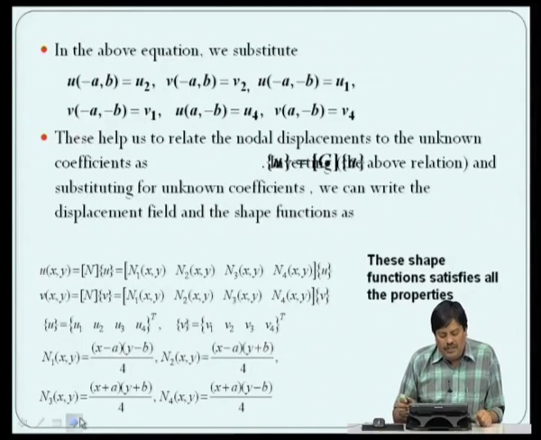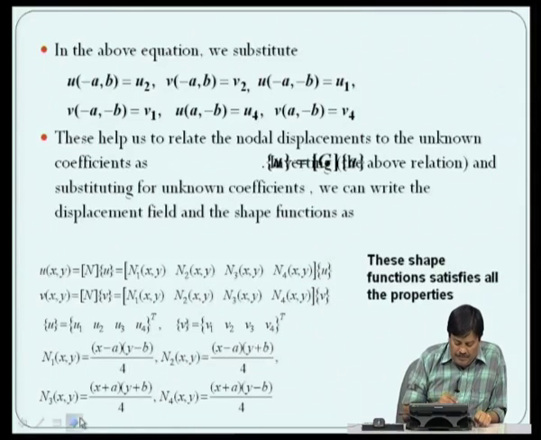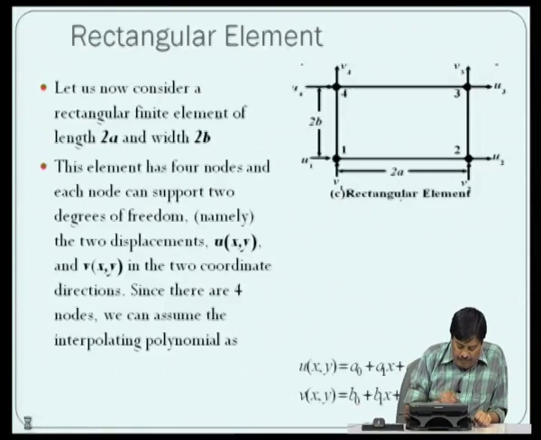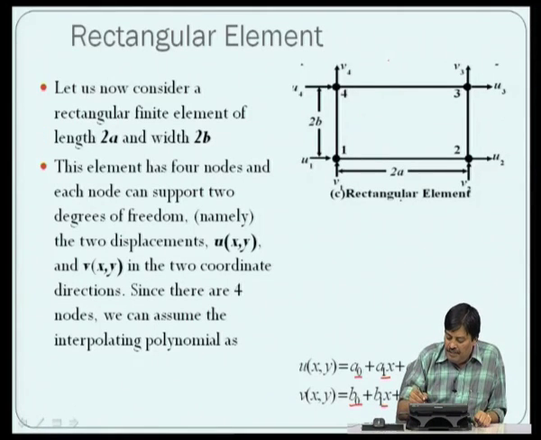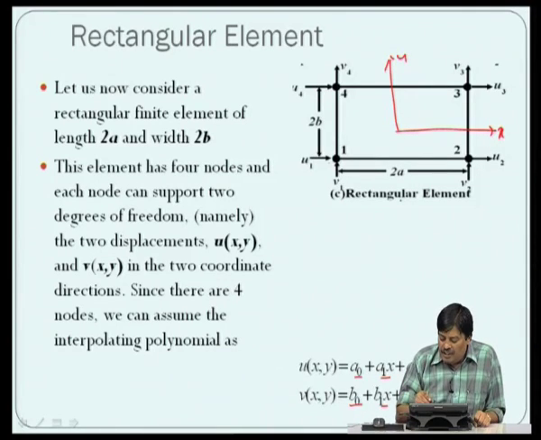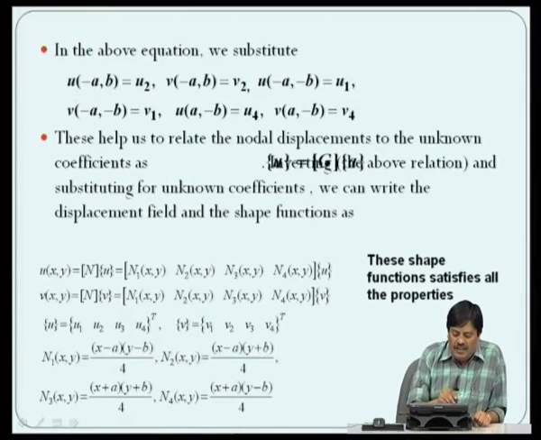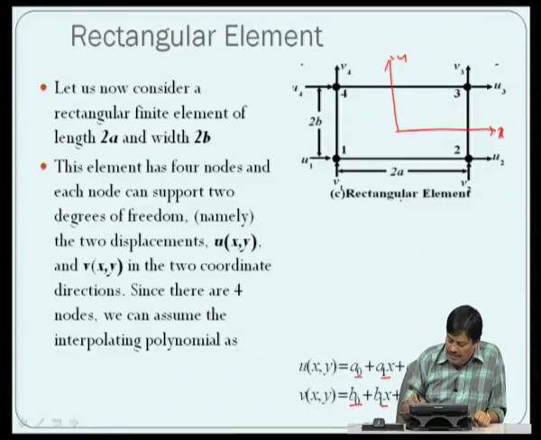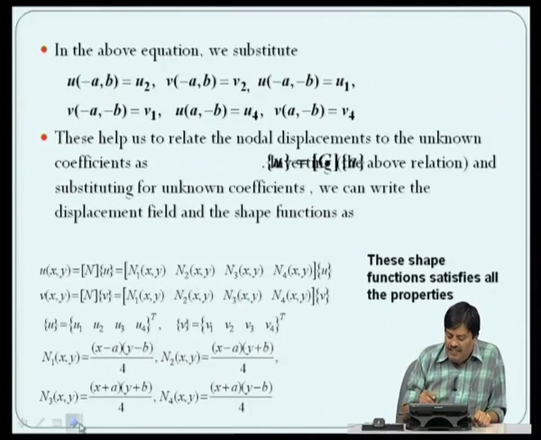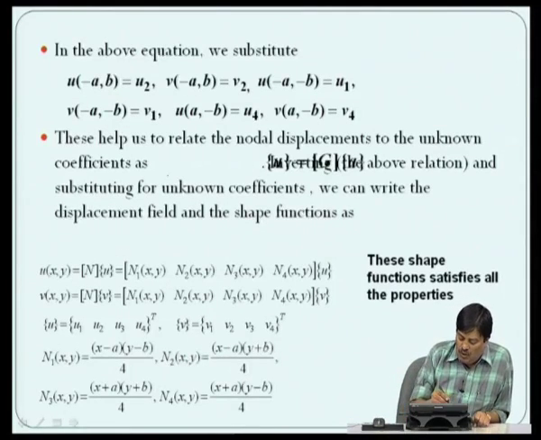So, now we substitute the coordinates of the element. Here the axis is exactly at the middle, so we have a middle axis, this is x and y. This corresponds to minus a and plus a, and minus b and plus b. So, we substitute this into the assumed function and we evaluate the coefficients.